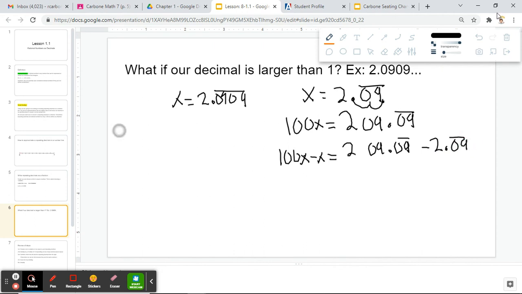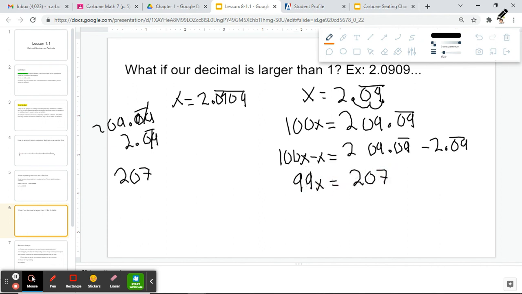So again, let's stack these up over here so we can see what's happening. All right, so again, since both of these are repeating here, these are going to cancel themselves out, so we no longer have any decimals. And now we have 209 minus 2, which would be equal to 207. So you get 99x is equal to 207.